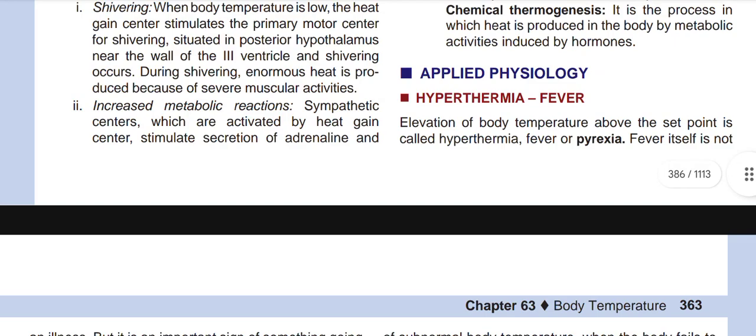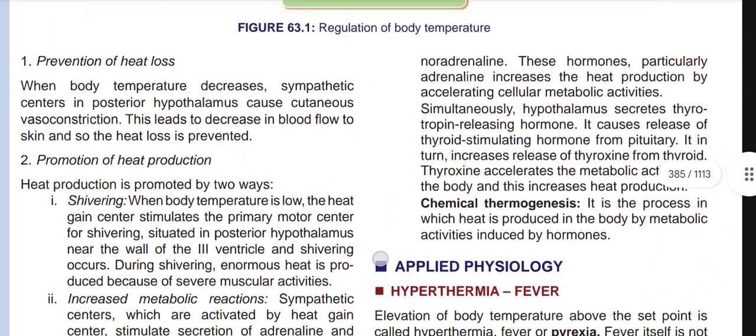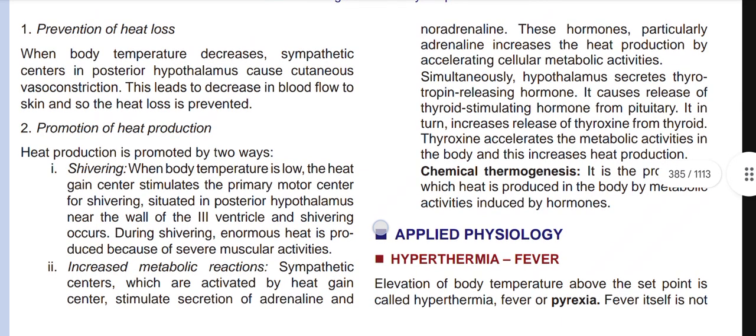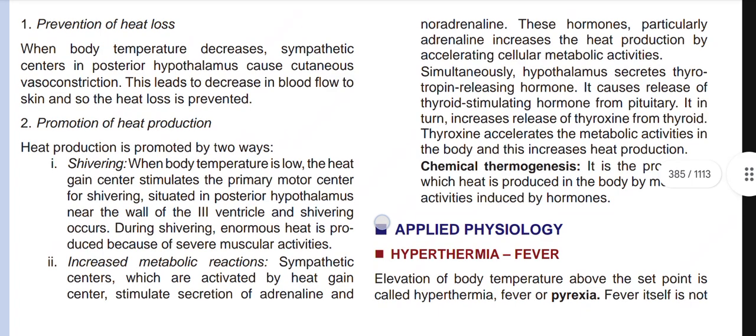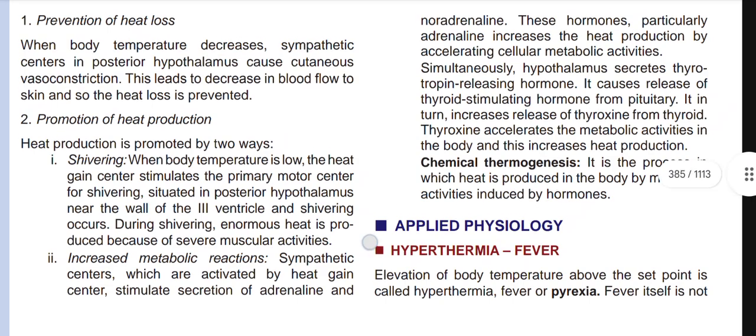Now, increased metabolic reaction. Sympathetic centers, which are activated by heat gain centers, stimulate secretion of adrenaline and noradrenaline. These hormones, particularly adrenaline, increase the heat production by accelerating the cellular metabolic activities. Simultaneously, the hypothalamus secretes thyrotropin releasing hormone. It causes release of thyroid stimulating hormone from the pituitary, and it in turn increases the release of thyroxine from the thyroid.